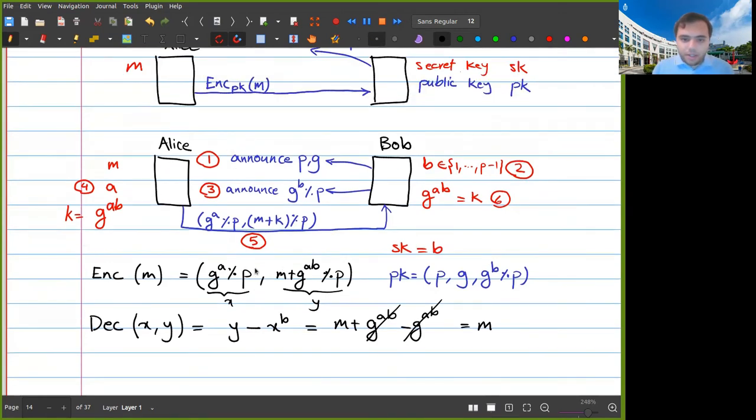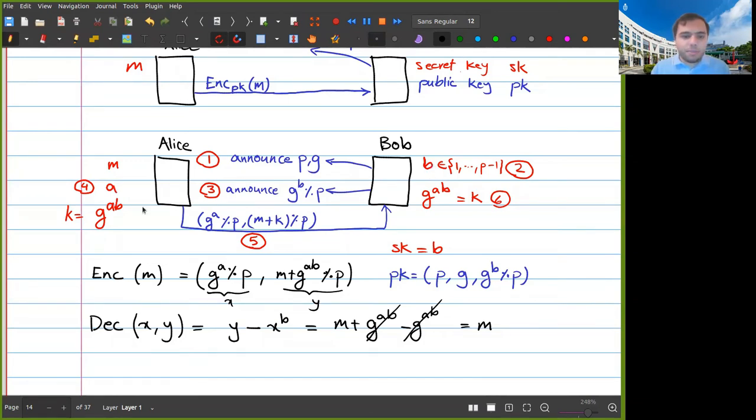So if you have another eavesdropper Eve here, again, she will see exactly the same things that she would see in the Diffie-Hellman case. So we have changed the order of the messages, but we have not changed what goes into those messages. So anyone who's eavesdropping on this network would see P, G, G to the power of B, and G to the power of A, but they will not be able to see A and B themselves, right?